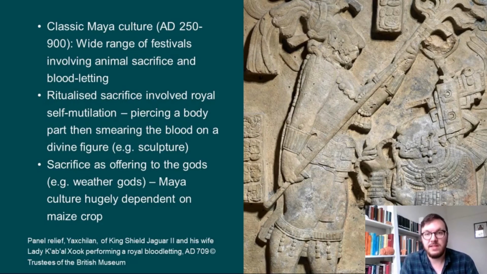We see something essentially similar, although obviously regionally specific, in the case of Maya society from Central America in the first millennium AD, the so-called classic Maya period from between AD 250 and 900, well before European discovery and exploration of the Americas.